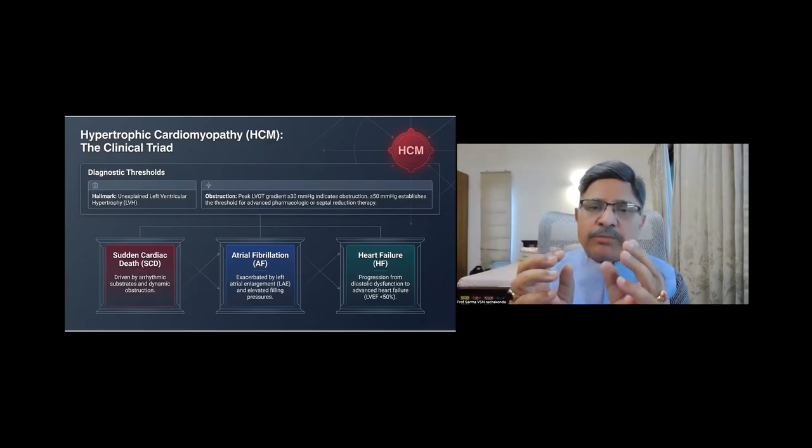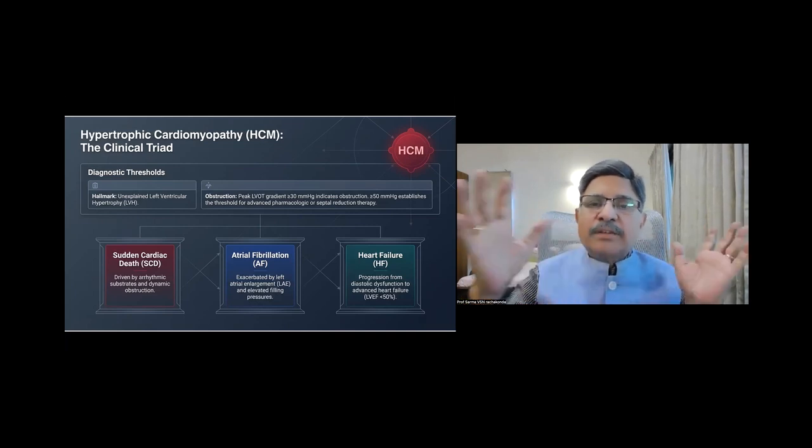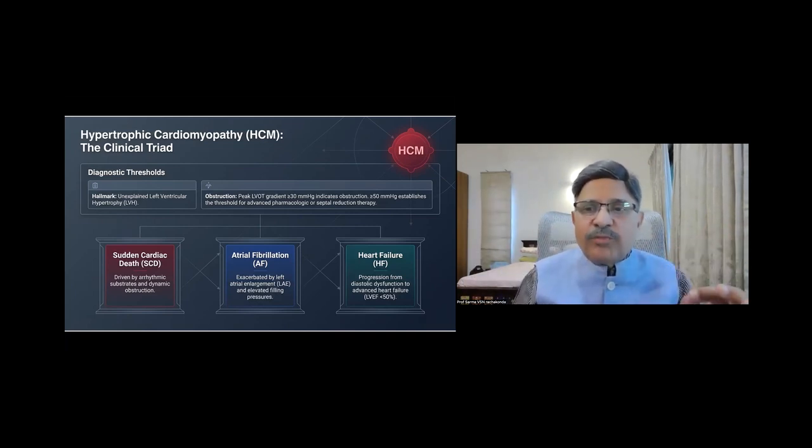But left ventricular pressure 150, aortic pressure 120: the gradient, if it is more than 30, indicates obstruction. More than 50 establishes the need for advanced pharmacological treatment or SRT. SRT is septal reduction therapy. So, what is the LVOT gradient? I wanted to know whether it is less than 30, fine.